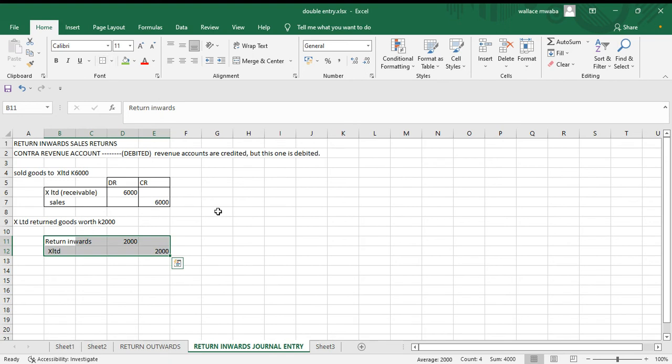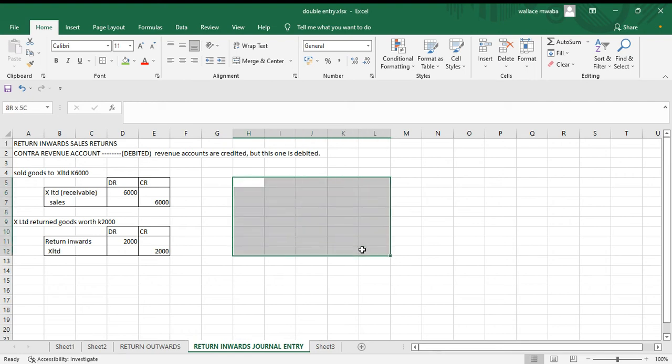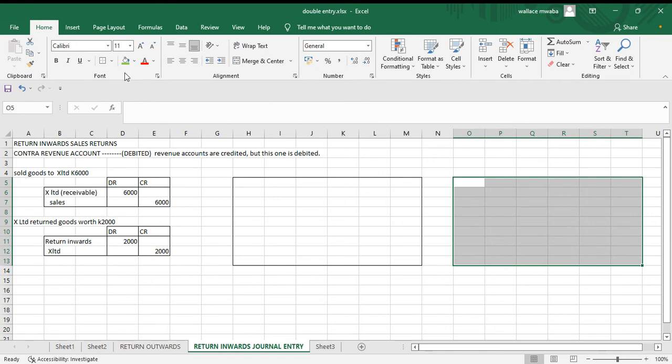Now let's do the double entry. Open the ledger accounts. Let me make a ledger account here. Ledger accounts are also called T accounts. We'll do it for our first journal entry.